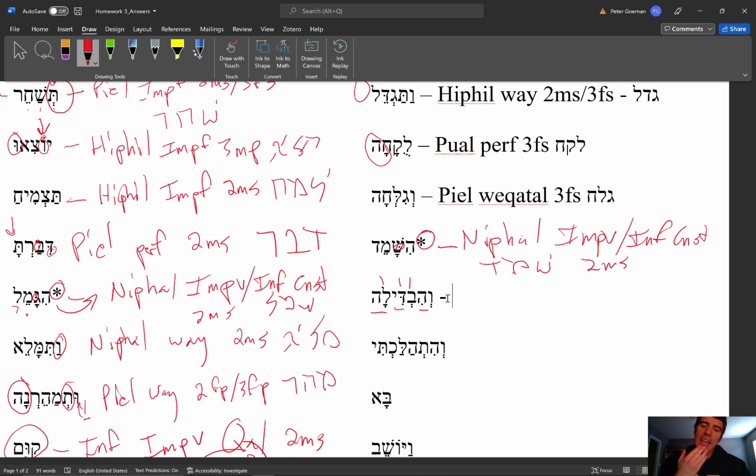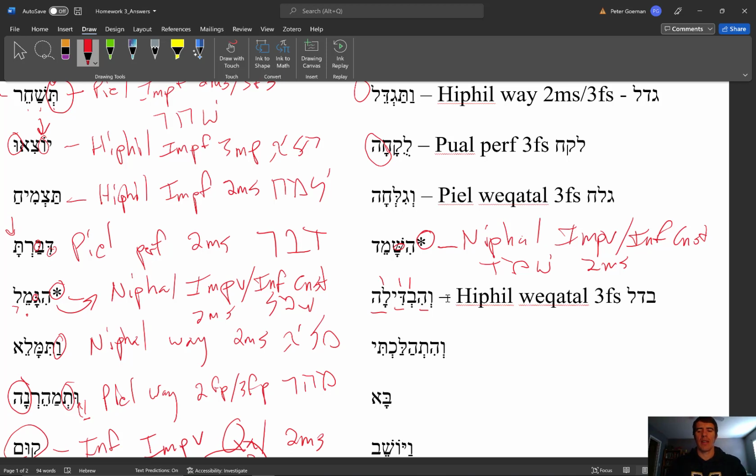The hiv dila, that sounds like hifil. And you do that because it is a perfect with a hey prefix. No imperfect is going to have a hey prefix. Now, it also can't be a nifal, because a nifal is not going to have the heric yod in it. So hifil by multiple tests, and then it's a vukatal because of the vav on there. We're dealing with the 3fs just like before, and then we have from vadal.